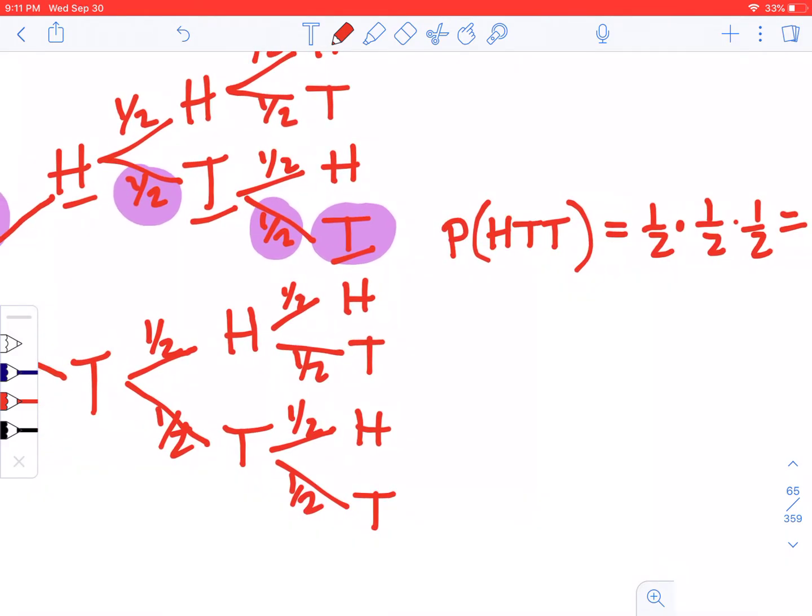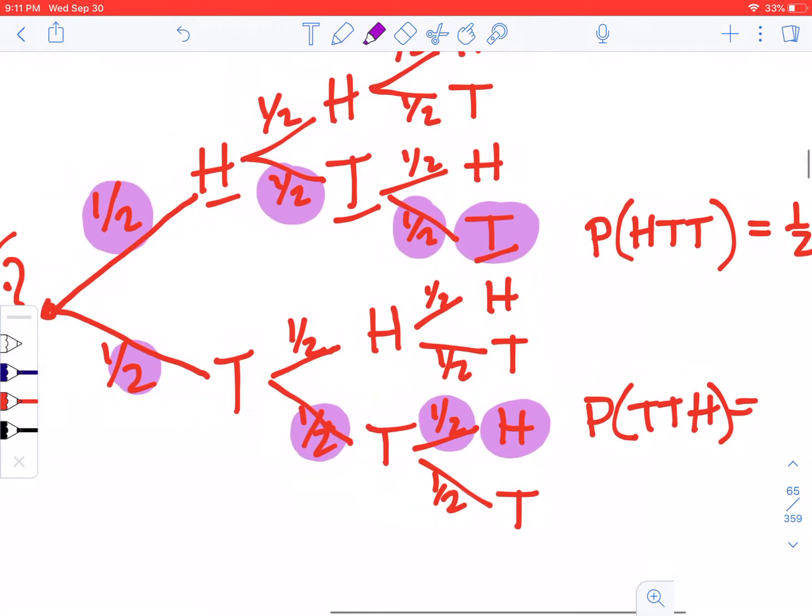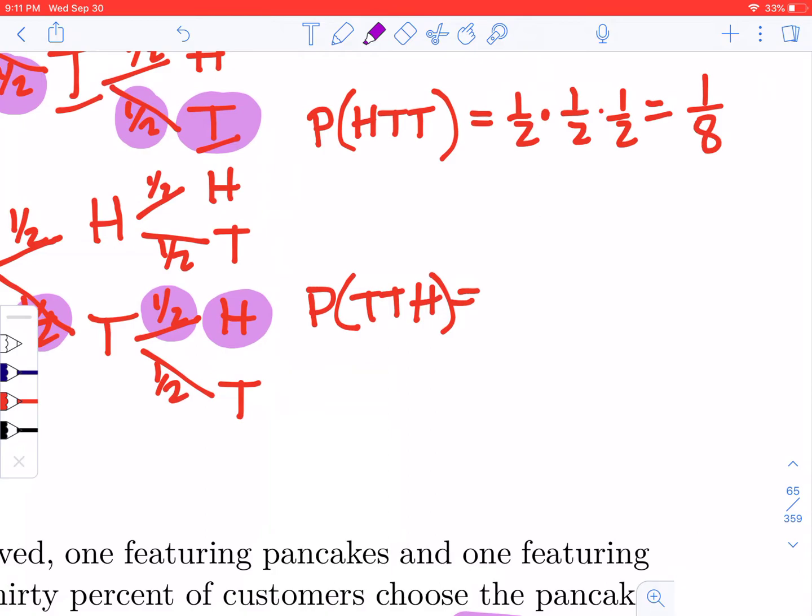And in fact, each of these probabilities is the same. Let's just randomly grab another one. Let's grab this one down here. So notice again we have a probability of TTH. And again, notice if we look at the branches going back down, we get another three halves. So we're going to get another 1/8.